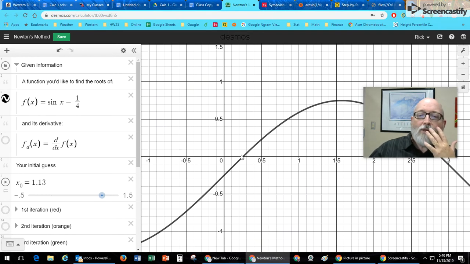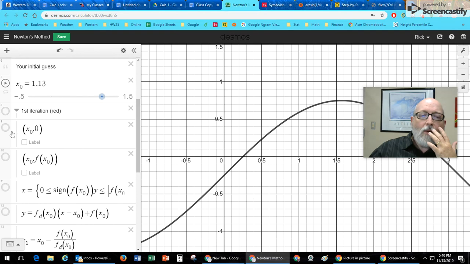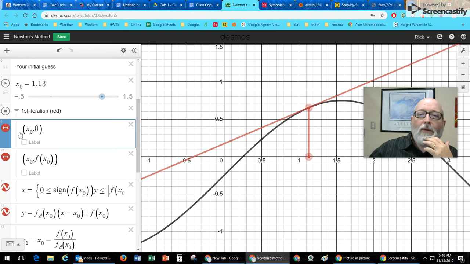Okay, so I'm going to have an initial guess, and I'm going to show you how this works. Here's my initial guess. This thing right here, 1.13.